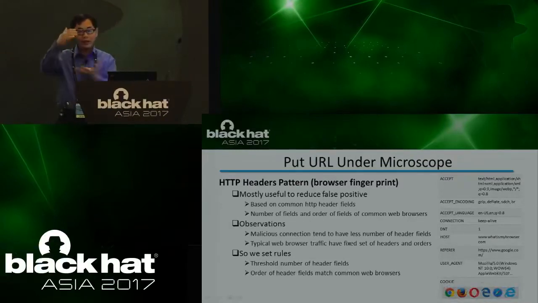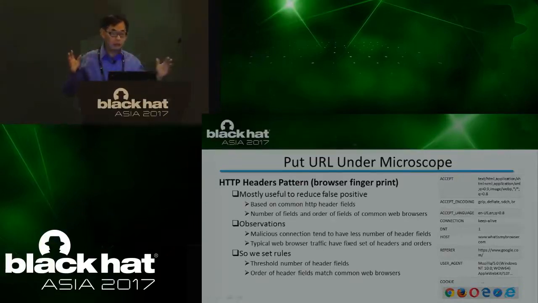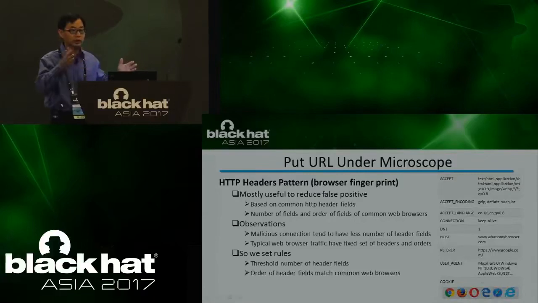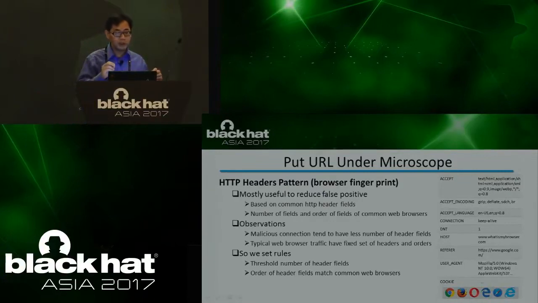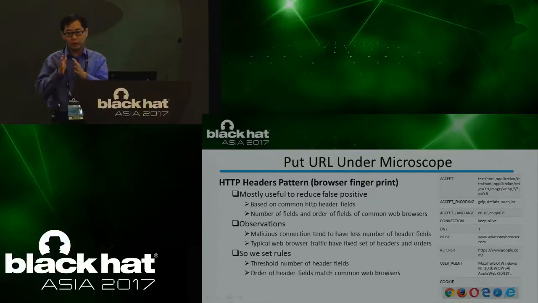A number of browsers have many header fields, and released versions normally keep a certain order. We call this a browser fingerprint. We can use that to tell this traffic is actually from a common browser, so this is a way to reduce false positives.